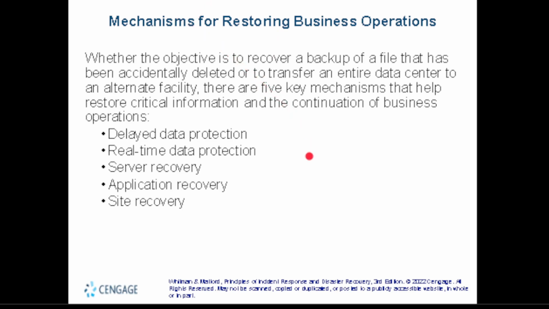So they bring up 5 mechanisms for continuing your business: the delayed data protection, the real-time data protection, server recovery, application recovery, and site recovery. And I'm going to talk about each one of those in order, I believe, here.